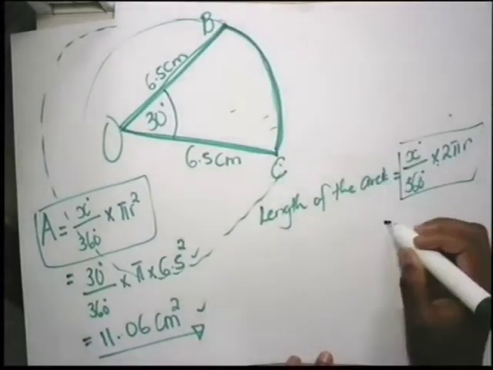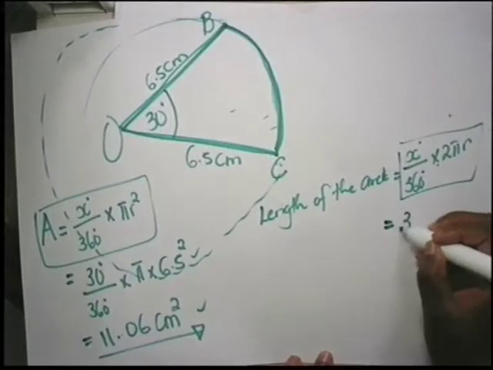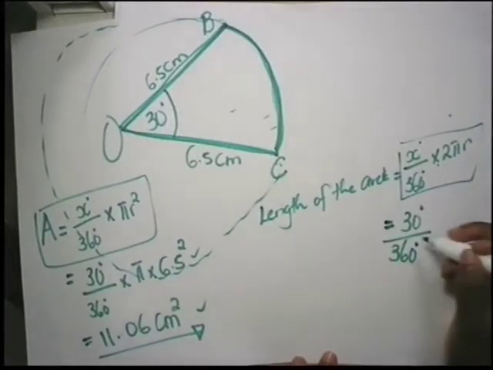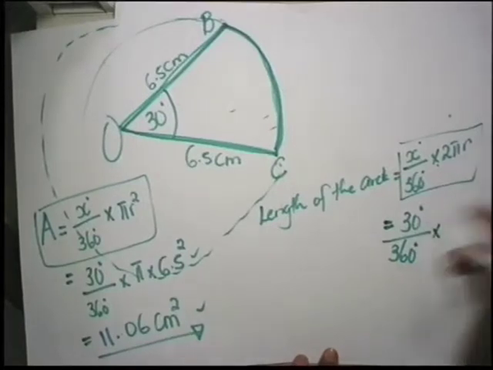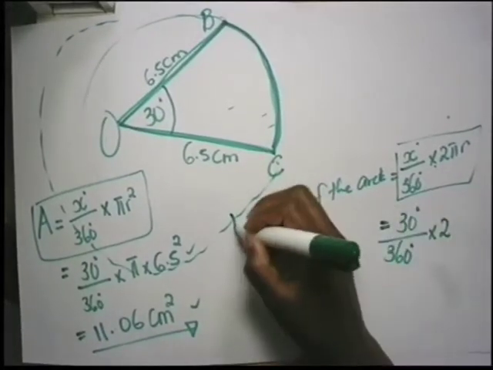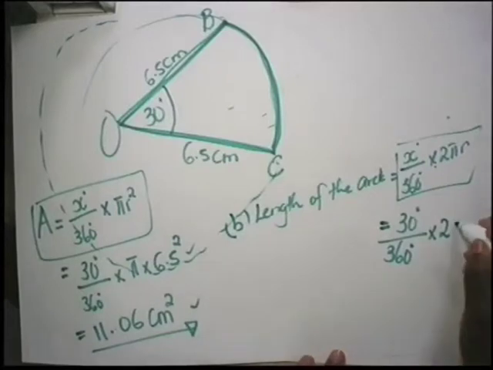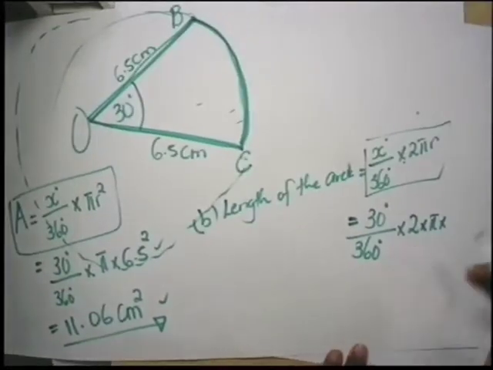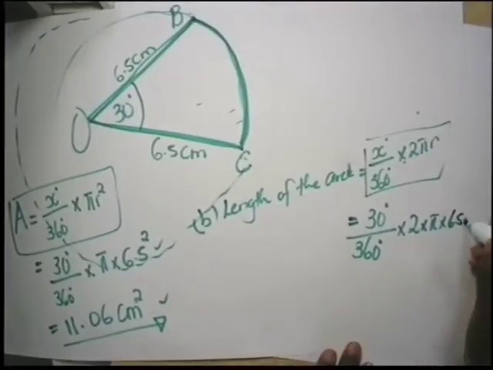All right, let's substitute. X represents 30 degrees over 360 degrees, then you multiply it with 2 times pi times the radius, which is 6.5 centimeters.